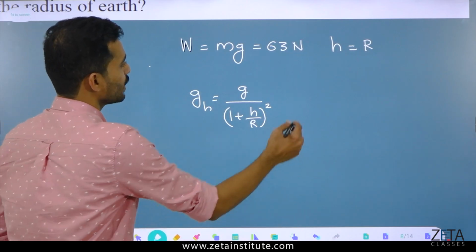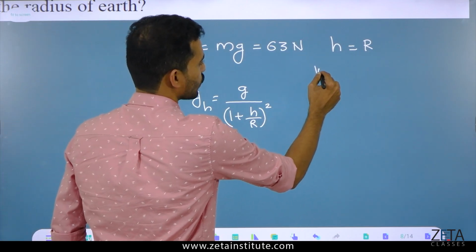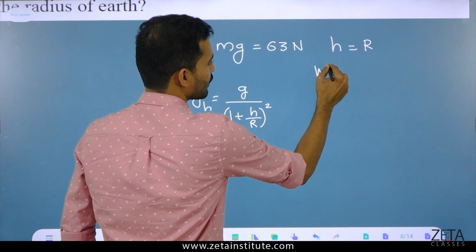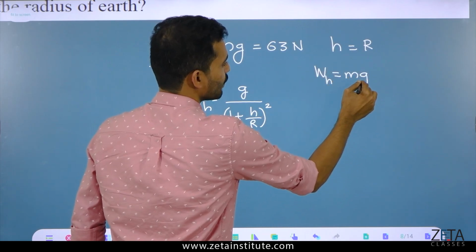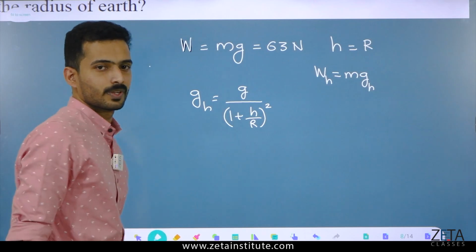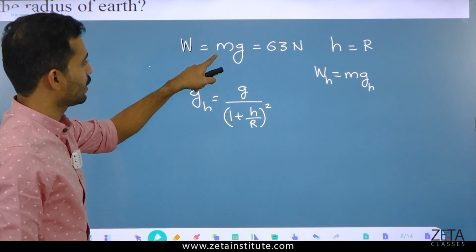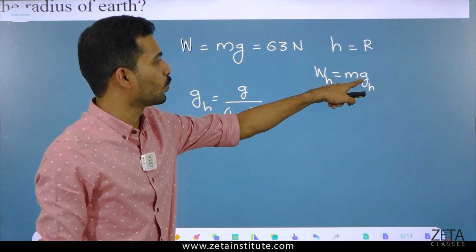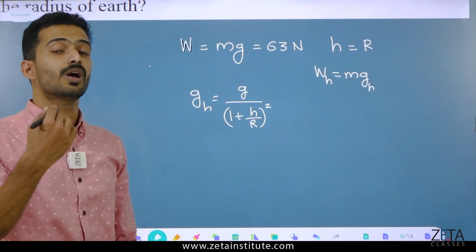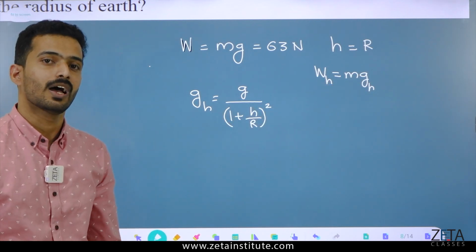How do we calculate the weight? Weight on the surface of the earth is given by mg. Then weight at a height h is equal to m into gh, mass into acceleration due to gravity at height h.